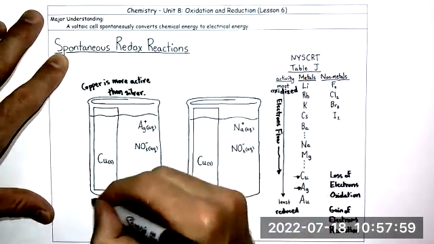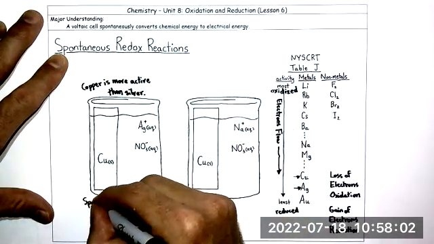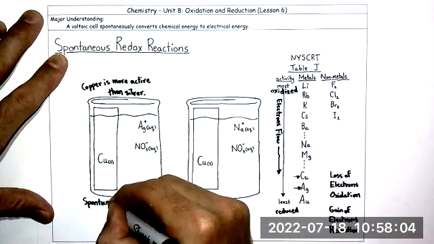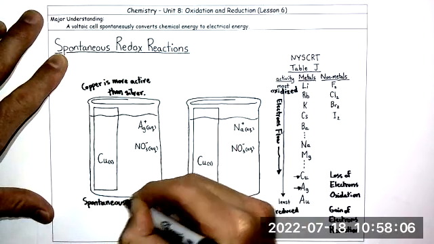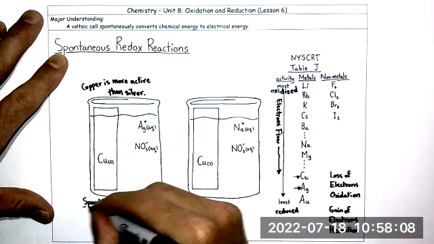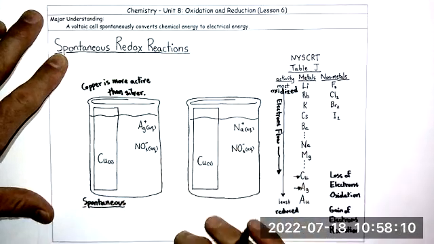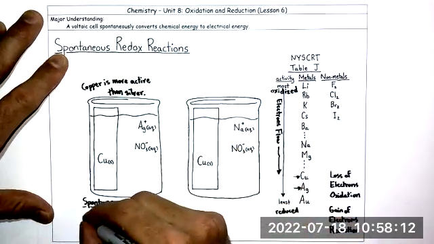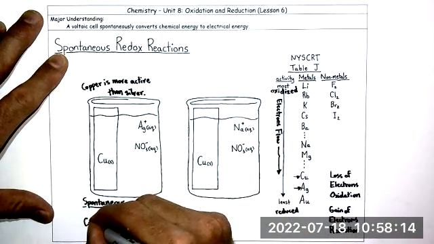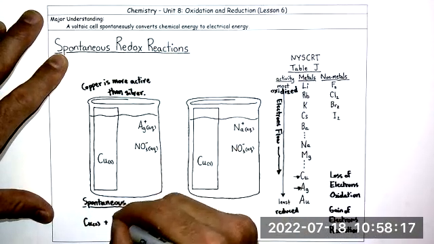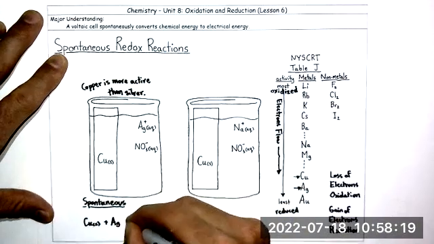And so this is a spontaneous reaction. Okay, so this reaction will be spontaneous. It will happen on its own. Okay, and so our reactants here are solid copper and silver nitrate aqueous.